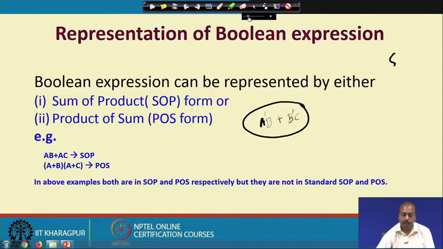That can happen. Whatever it is, based on that we can have different forms for the functions.